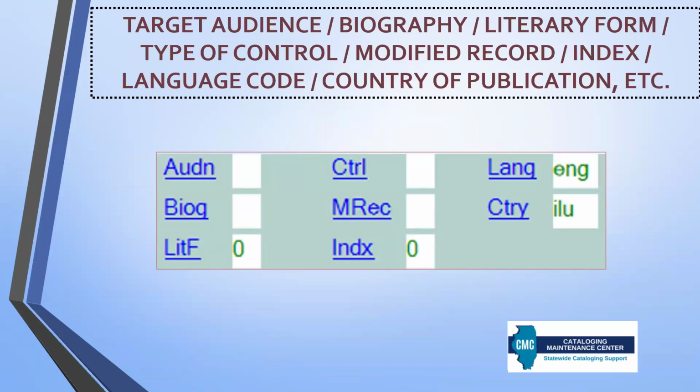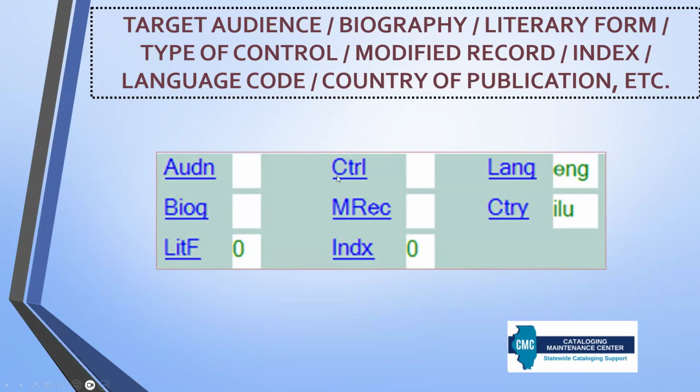All right, so here's the big chunk of the fixed fields. For audience, IDOT doesn't ask for this field to be populated. If they did, I would probably use an F for specialized. Biography, none of these examples have biographical information, so this field stays blank. Litfic, all of these examples are nonfiction, so 0.